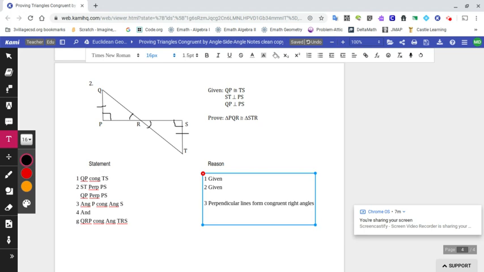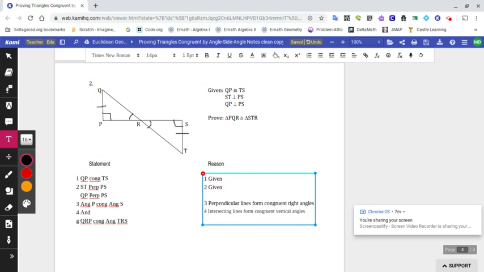And now this is another one that is going to need to be worded properly: intersecting lines form congruent vertical angles. Again, we've got vertical angles that are congruent, and they come from that vertical line.